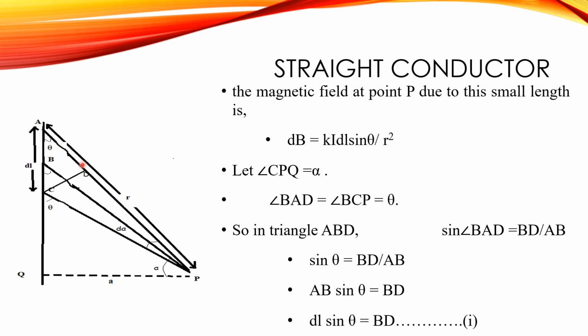We'll take the sine of BAD, that is sine theta, and that sine theta will be BD by AB. So AB sine theta is equal to BD. And what is AB? AB is nothing but dl, that is the small part of the conductor, the straight wire. So dl sine theta is equal to BD.